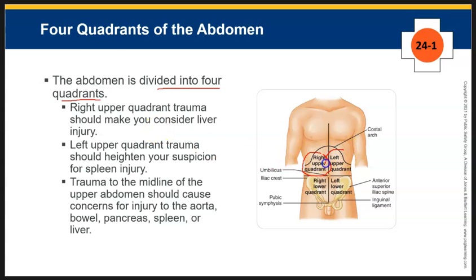The left upper quadrant is critical because the solid organ, the spleen, lies there, and its job is acting as a repository for blood. Trauma to the midline might lead us to consider injury to the aorta or some of these digestive organs, the bowel or the pancreas, along with just those edges of the spleen or the liver.